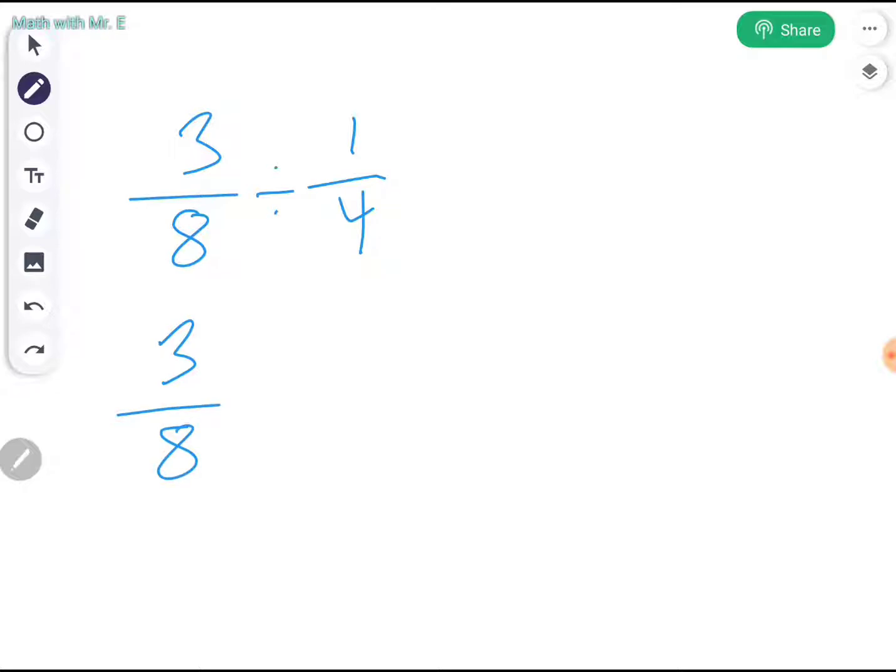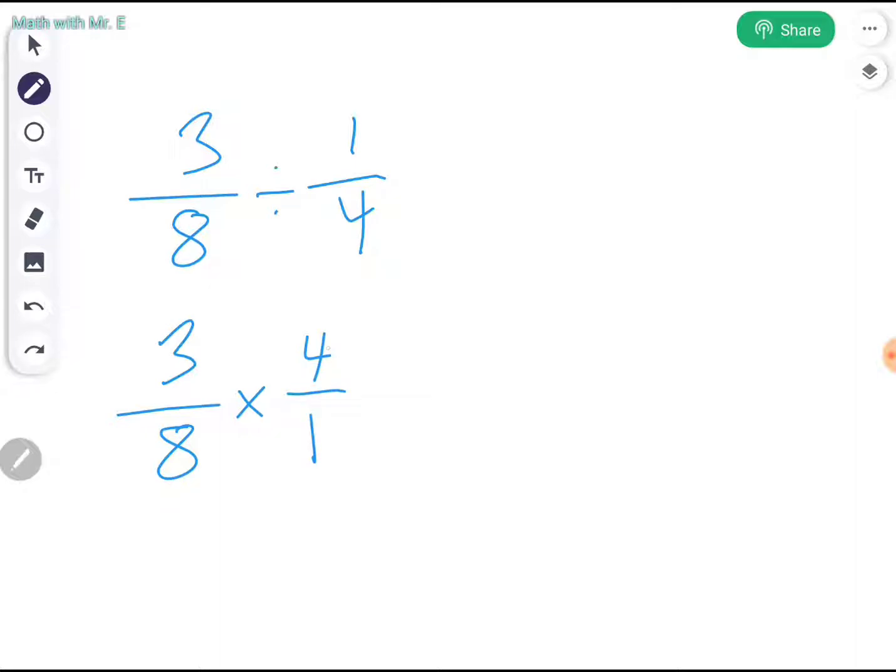Let's do another one. This time let's do a fraction. So let's say 3/8 divided by 1/4. Again, in order to divide fractions, we're going to leave this fraction on the left the same. We're going to change 1/4 to its reciprocal, which is 4/1. And instead of dividing, we will multiply. So 3/8 times 4/1.